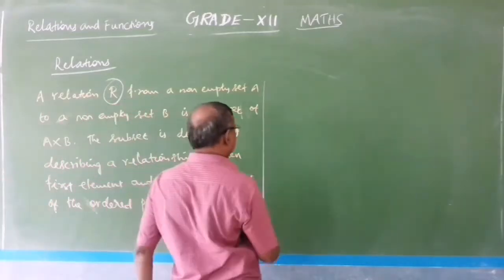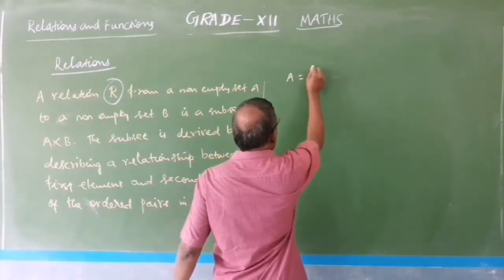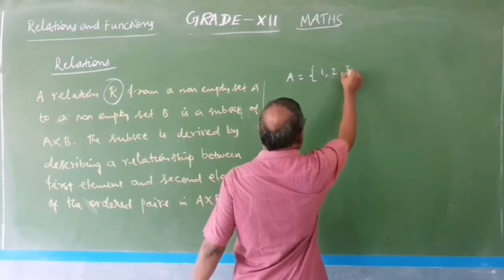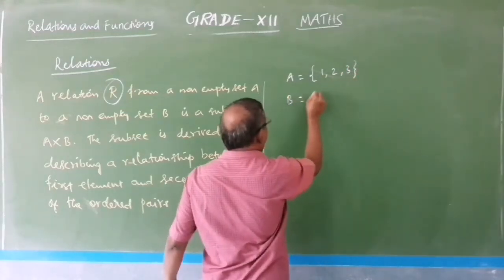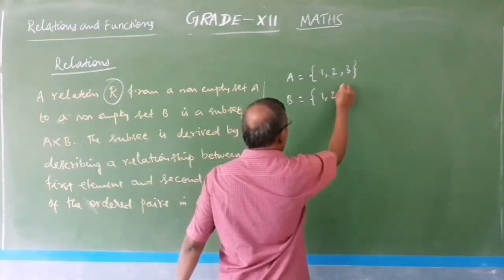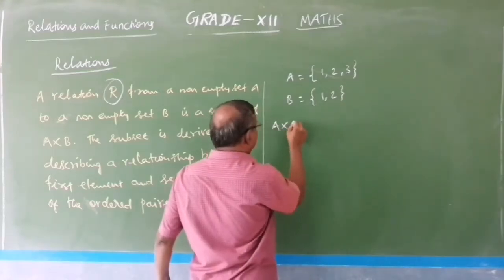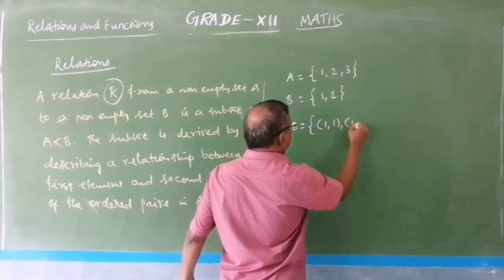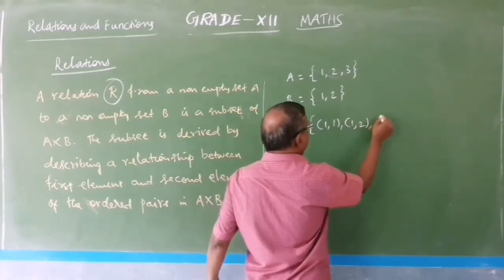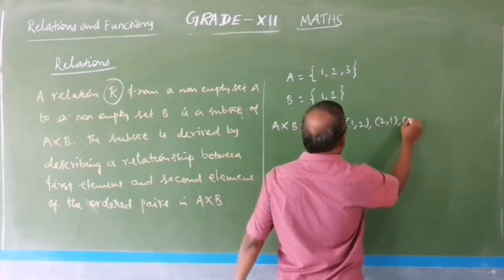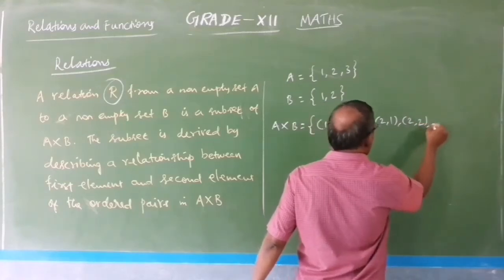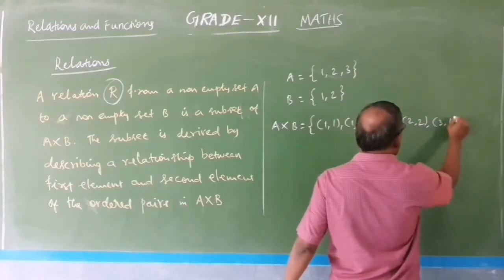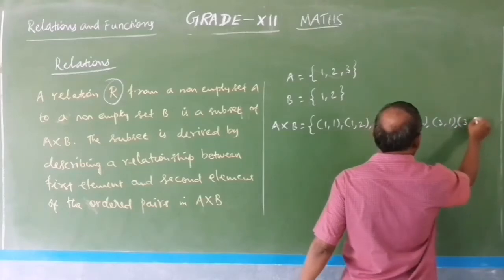Let A equal to {1, 2, 3} and B equal to {1, 2}. Now the Cartesian product A cross B is given by (1, 1), (1, 2), (2, 1), (2, 2), (3, 1), (3, 2).